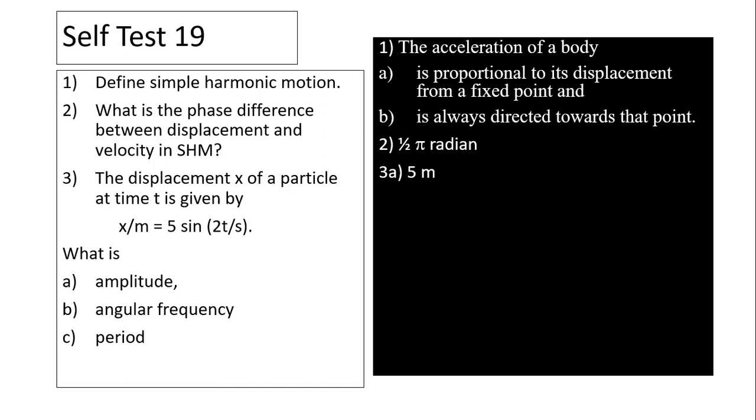What's the angular frequency? Angular frequency, 2 pi. Huh? What do you say? Wait. Don't tell me you didn't do homework again. No, frequency equals 1 over 2 pi.